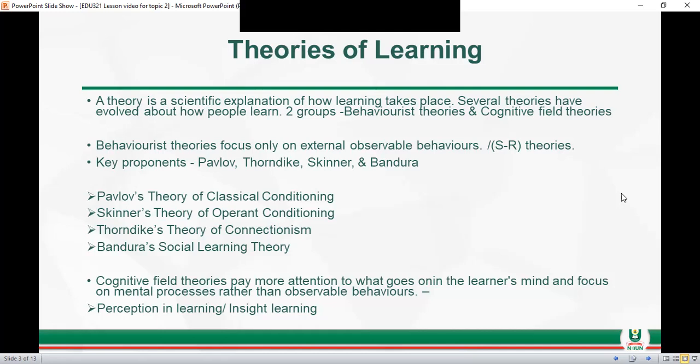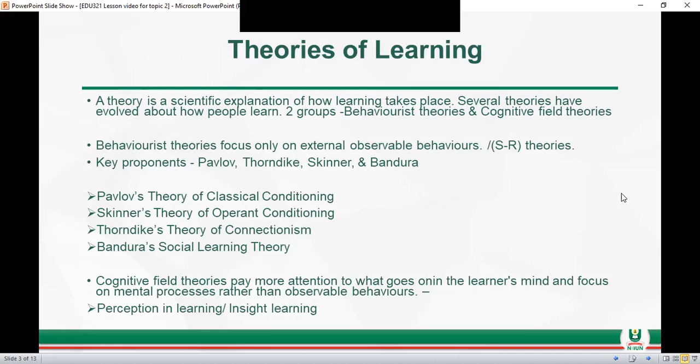Then we come to the cognitive field theories. What is their ideology and how do they explain learning? The cognitive field theories pay more attention to what goes on inside the learner's mind, and focus on mental processes rather than observable behaviors.